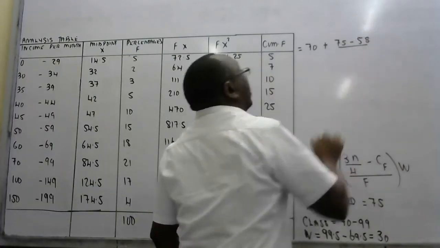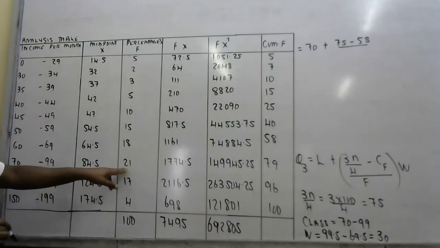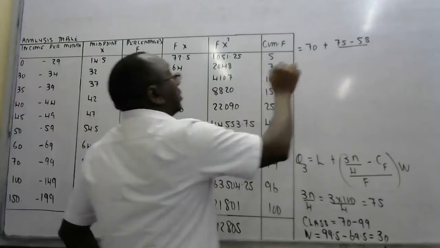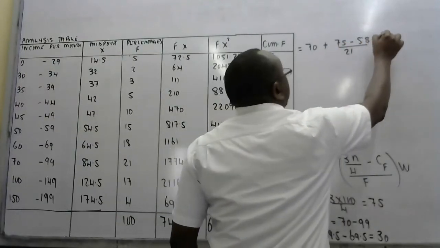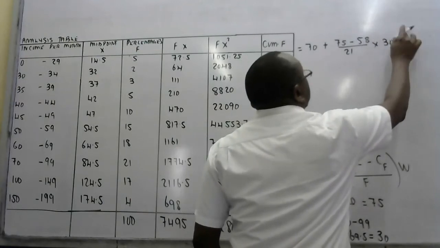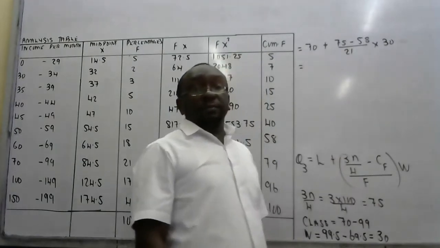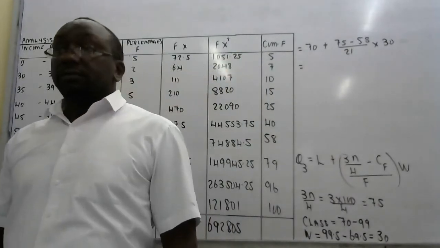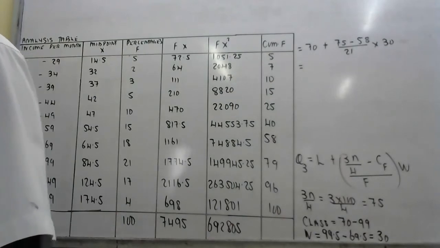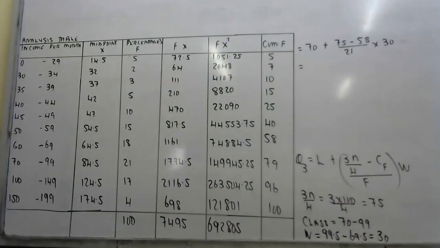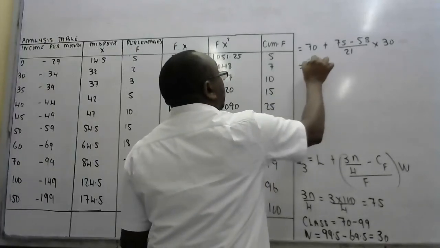The frequency of that class is 21 times 30. You have 94 points. 94.